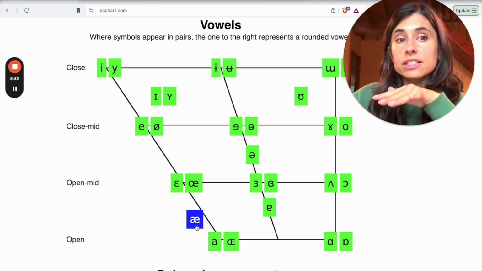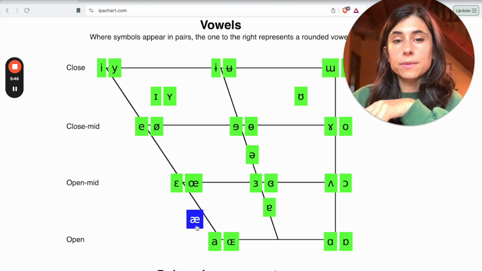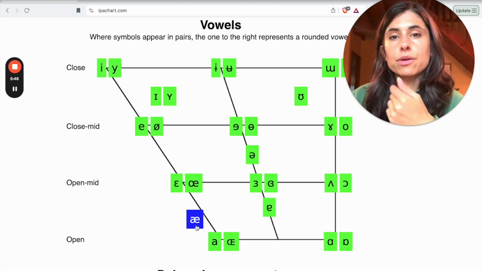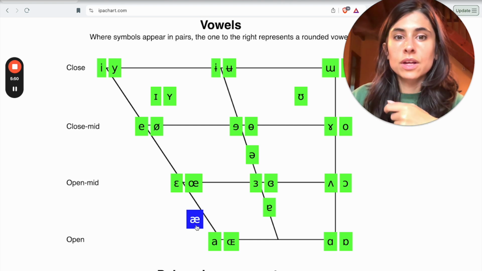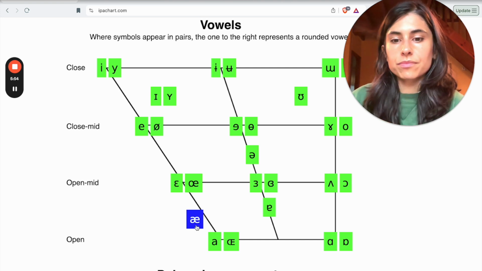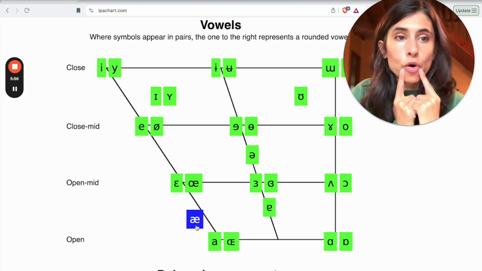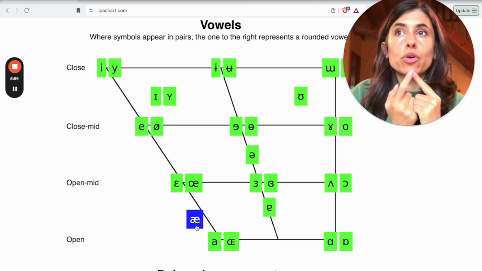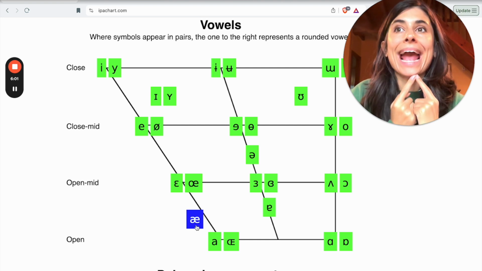But your tongue is going to be pushed forward. And when I say pushed forward, I don't mean the tip out. I mean from the root of your tongue, pushed forward. Your lips won't be rounded, they will be more spread, and it will be like cat.